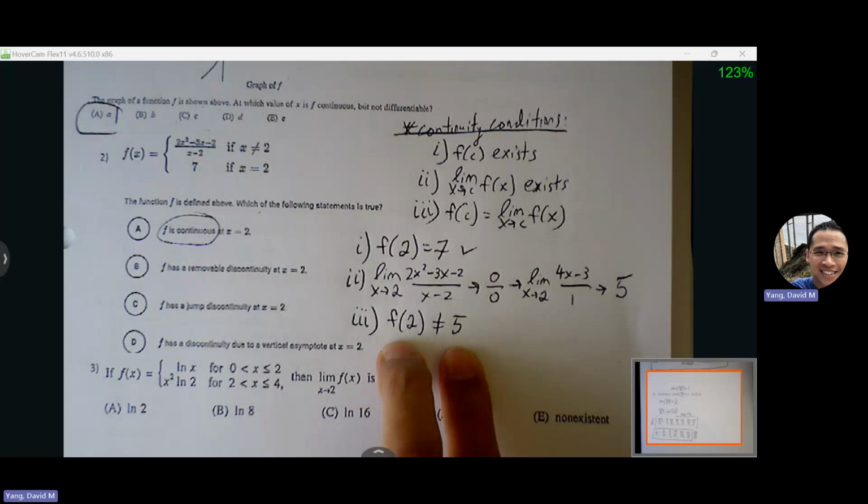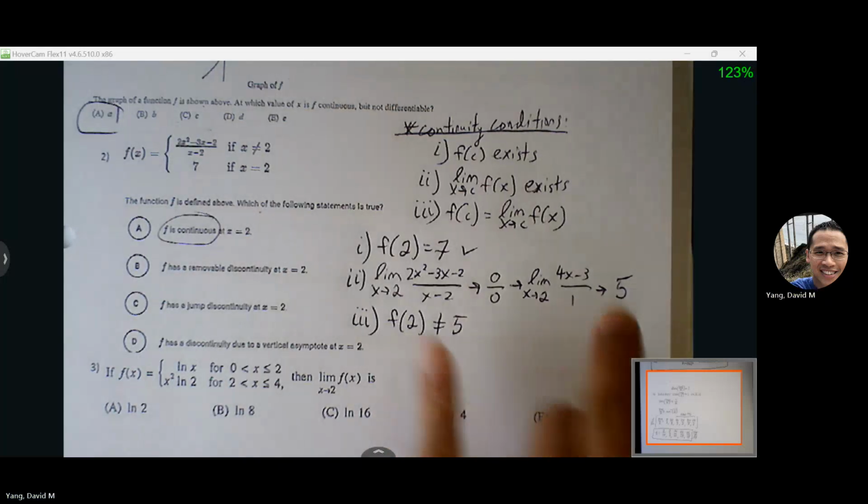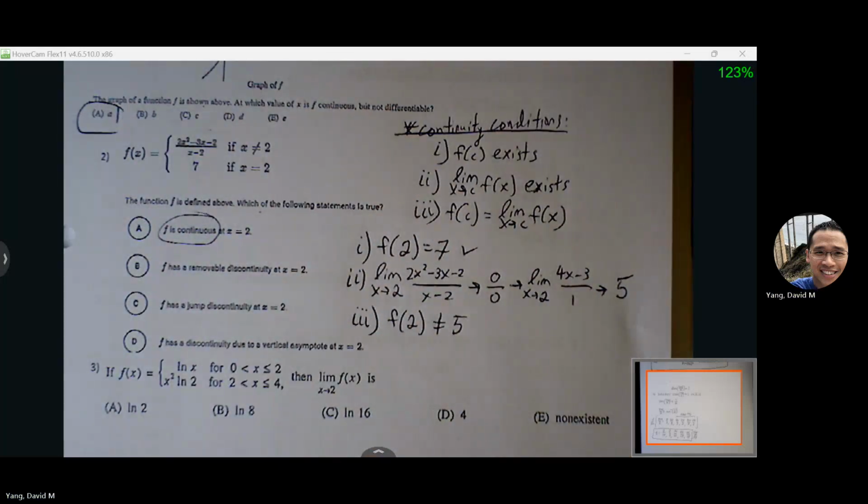So what does that tell us? Yeah, what type of discontinuity? Well, a jump discontinuity would be like if there's a vertical asymptote or if there are two branches that are not connected, right?